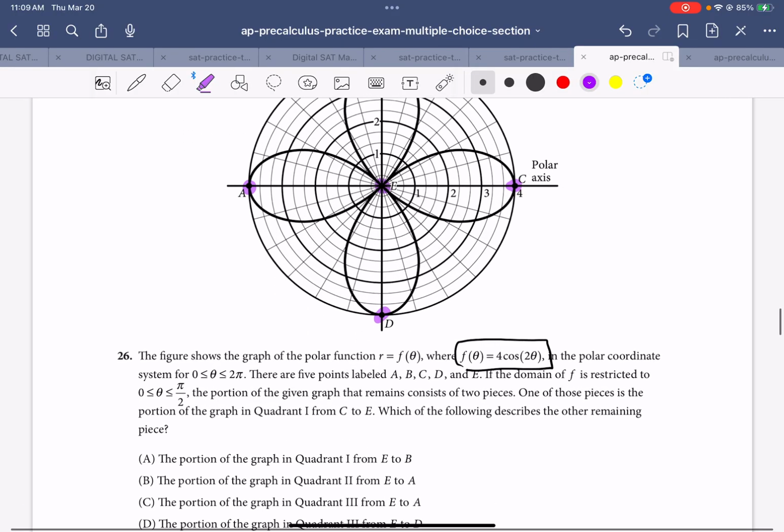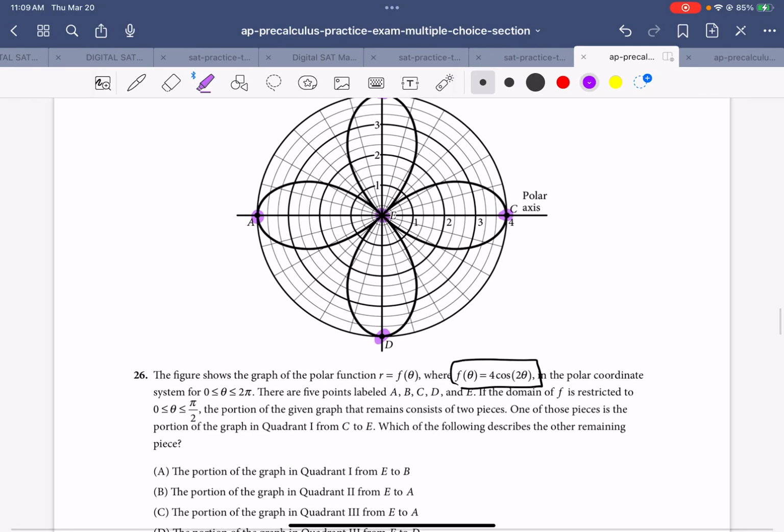All right, so now if the domain of f is restricted to only 0 to pi over 2, the portion of the given graph that remains consists of two pieces. Two pieces between 0 and pi over 2.